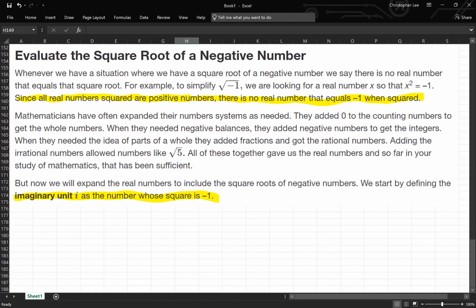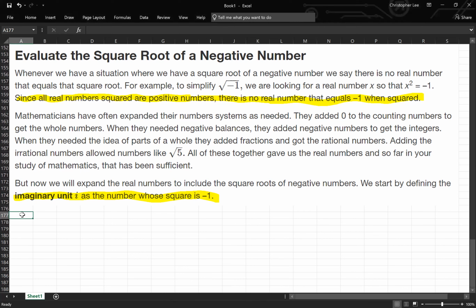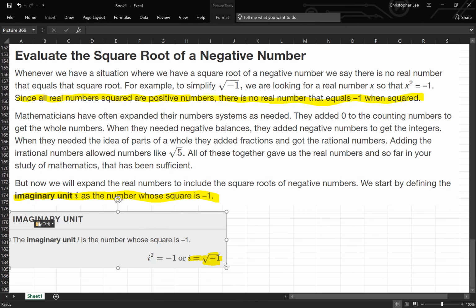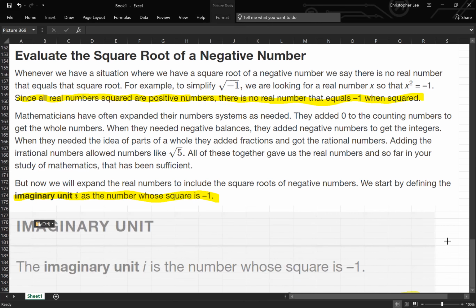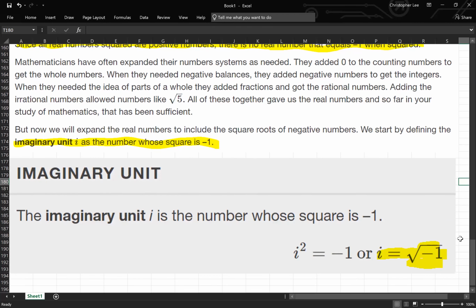So the reason why this is all for you is that this is how we model electricity. And electric trucks too. So the imaginary unit i is the number whose square is -1.